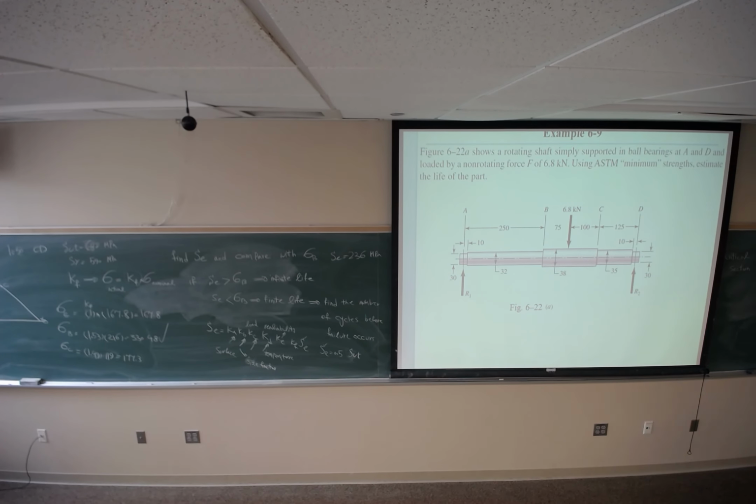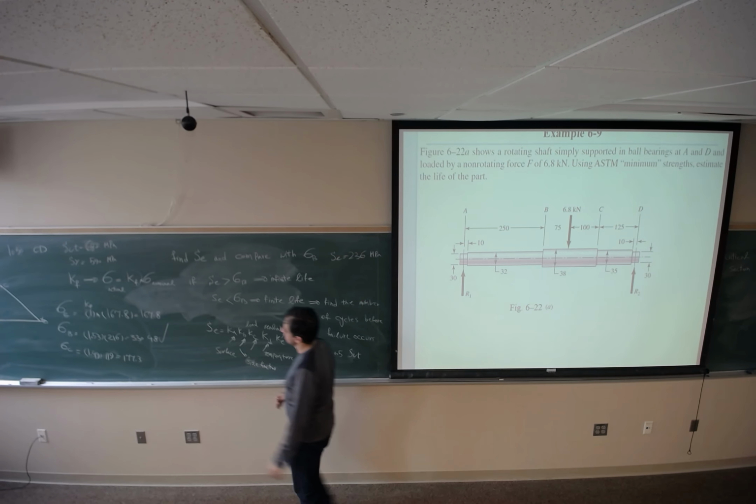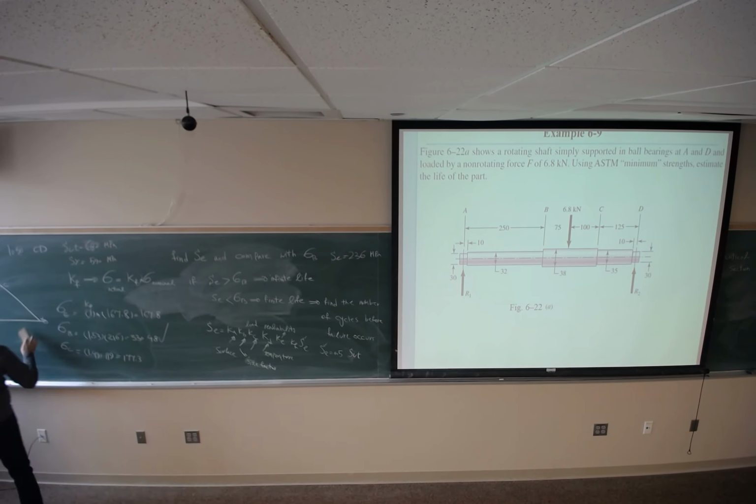Now we can find the number of cycles before failure occurs. So basically we are looking at the S-N curve. This is SE, this is f times S ultimate.